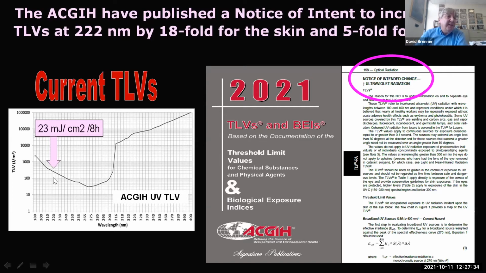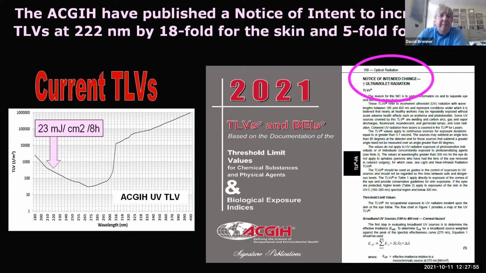And this is the current regulatory curve. And if you go to 222, it's 23 millijoules per centimeter squared per 8 hours. So as it's deployed at the moment, one should keep within that regulatory limit.